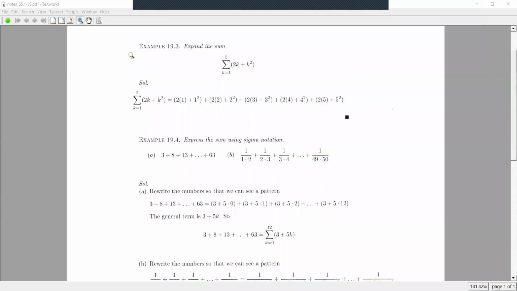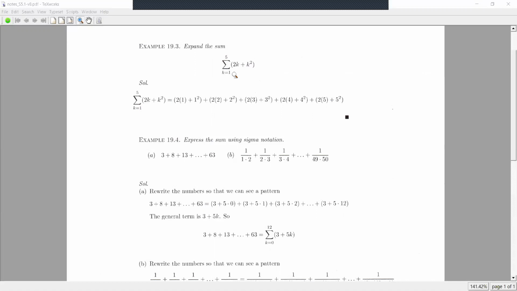The following two examples are about the sigma notation. Example number 3. Expand this sum. This sum is written in sigma notation. k is a variable. k can change from 1 to 5. From 1 to 5, there are 5 numbers, so this sum has 5 terms.